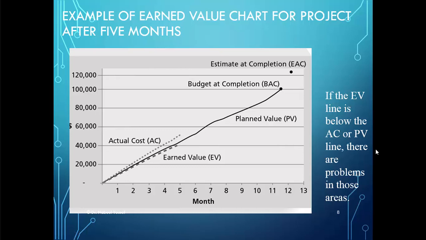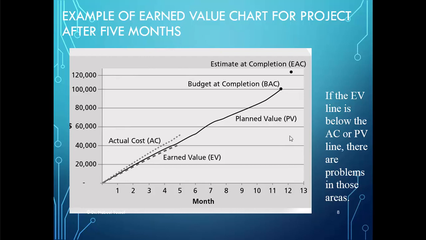The chart in this slide explains the way to monitor cost performance by monitoring the earned value compared to actual and planned, and judging if we have a problem or not.